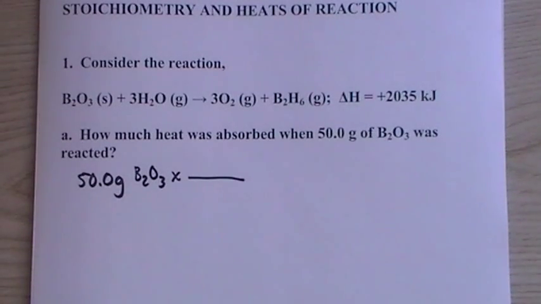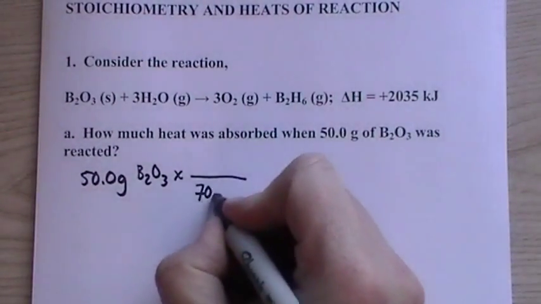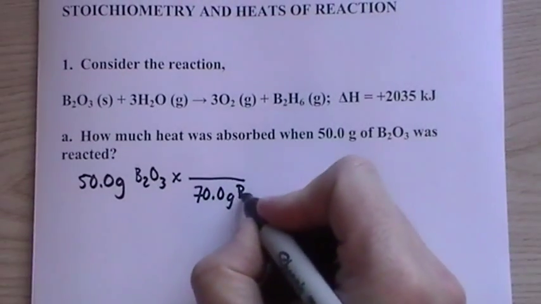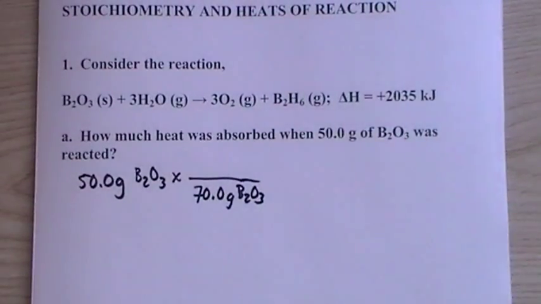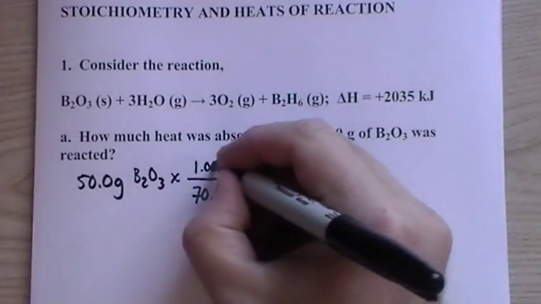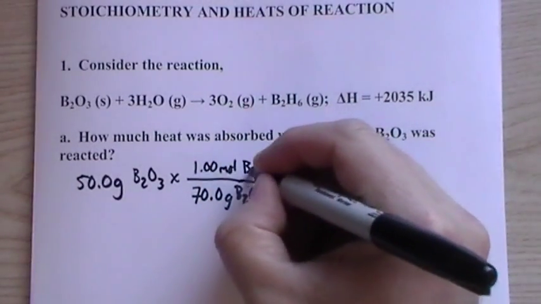Where's my calculator? Okay. So boron. Don't use boron that much. Times 2 plus 48. So this is 70 grams of B2O3, and that's 1 mole. Now we have it in terms of moles.